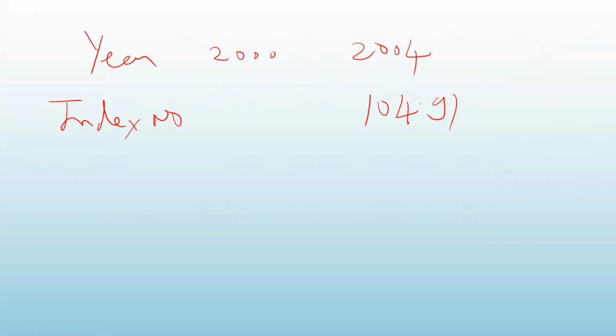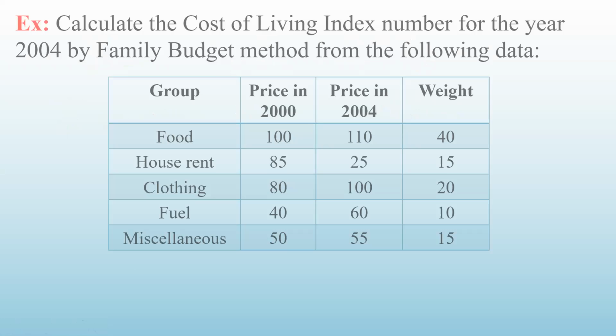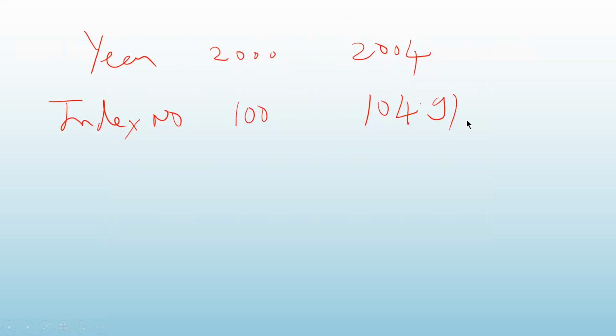Always we take the index of the base year as 100. Okay, always. So what does that mean? The cost of living index number in 2004 is 104.91 as compared to the base year 2000. The meaning is what? If you were spending 100 rupees in 2000 to buy certain items, to buy the same items and the same quantity in 2004, you have to spend 104.91.